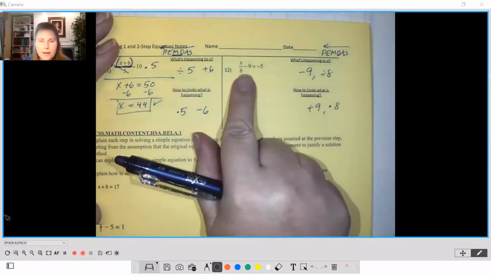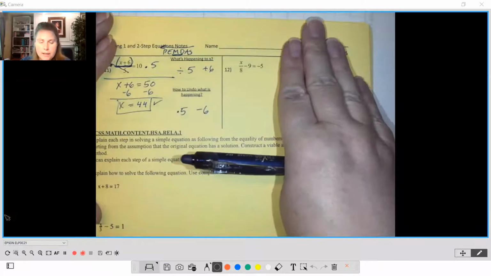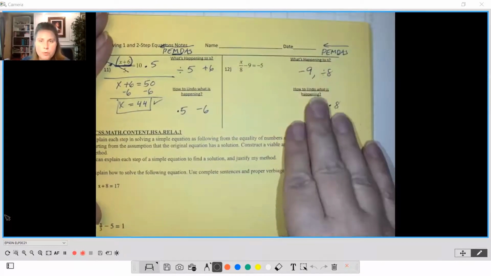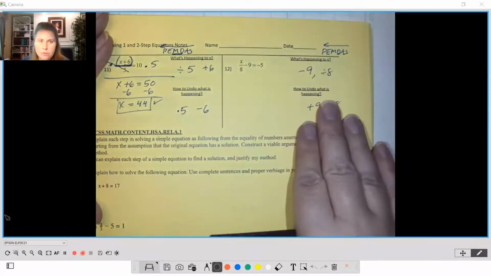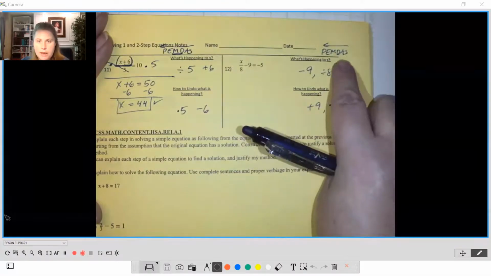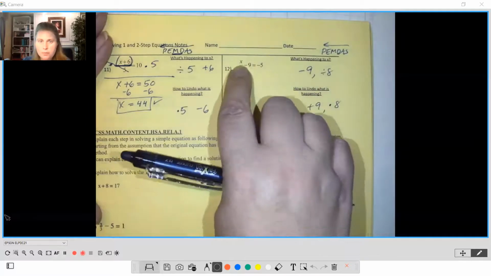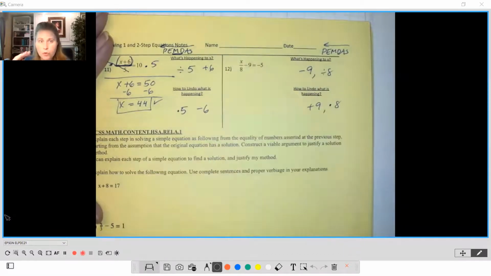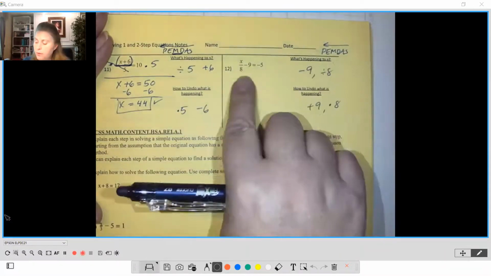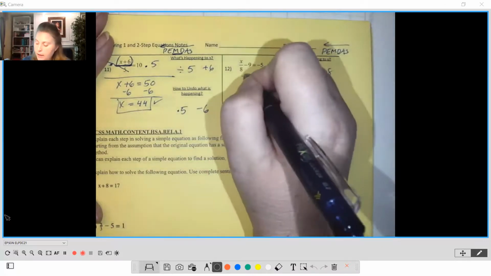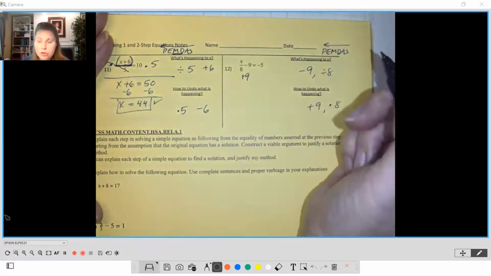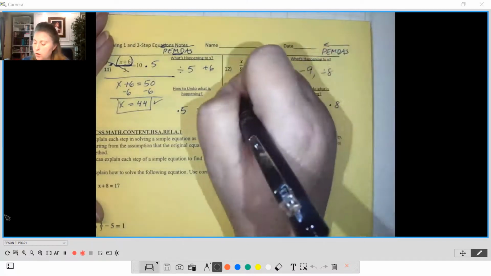That's the mental process that I go through, but you'll get to the point after this lesson where you don't need to write those down. Is anything being added to or subtracted from our variable term? This is our variable term because the x is over 8 right now. Yes, there's a minus 9, so we will add 9. Whatever I do to one side, I have to do to the other. This is showing your work.